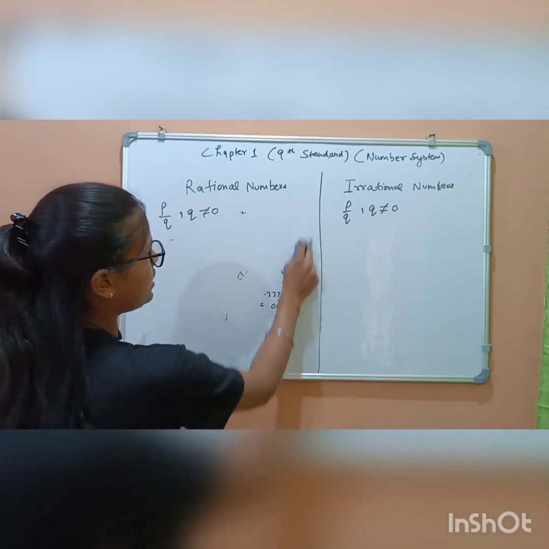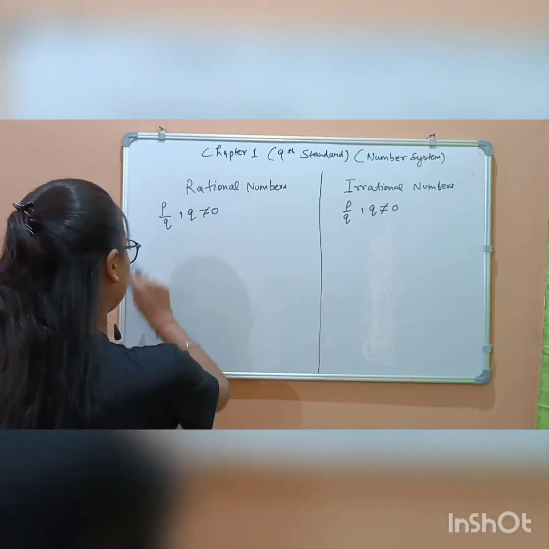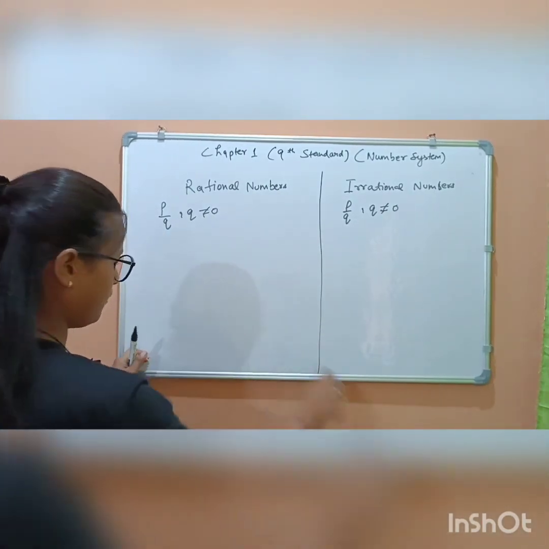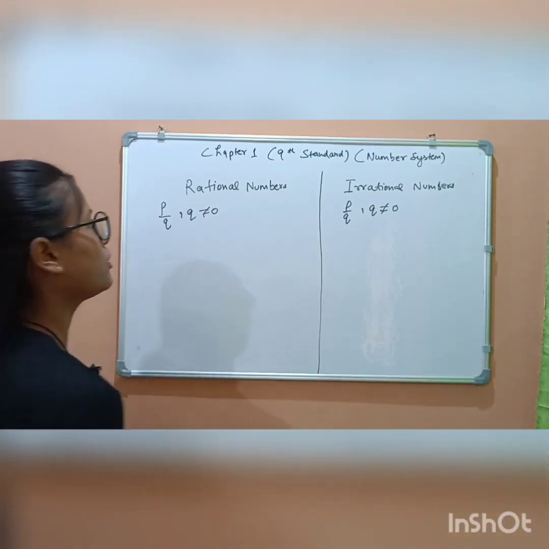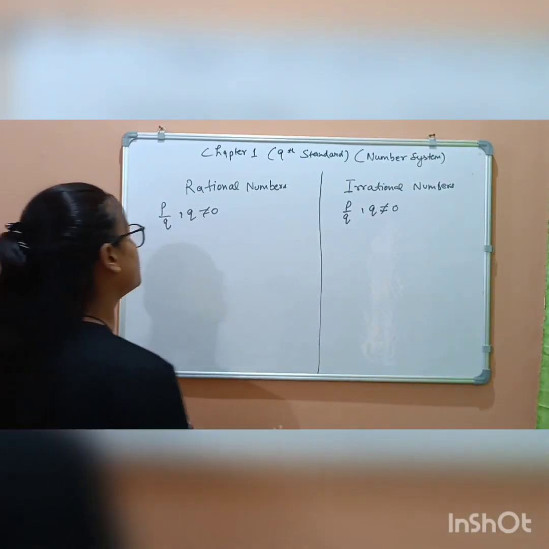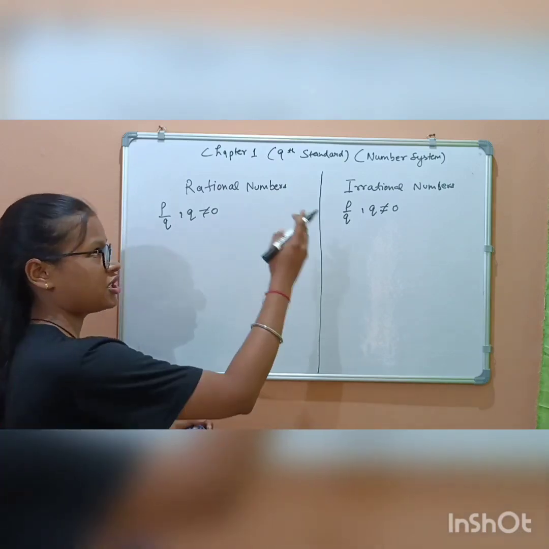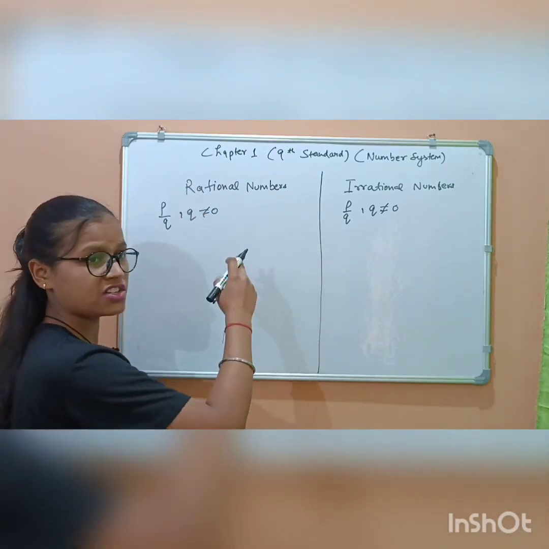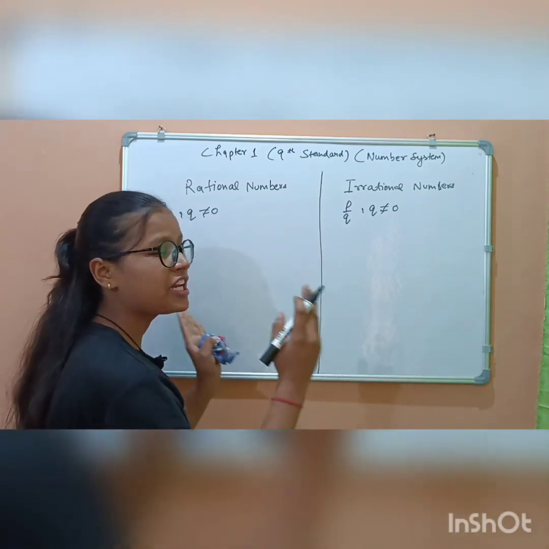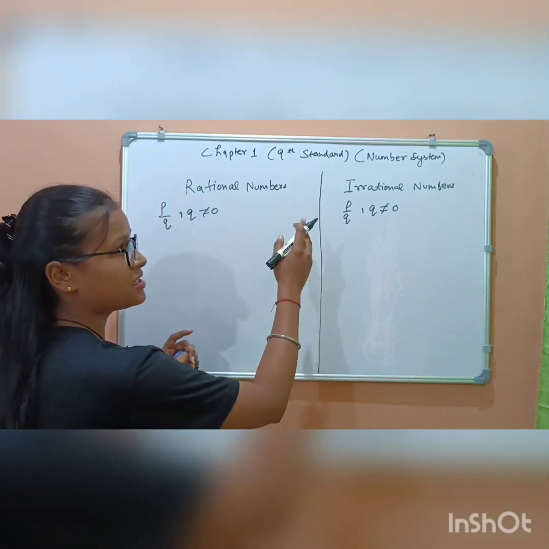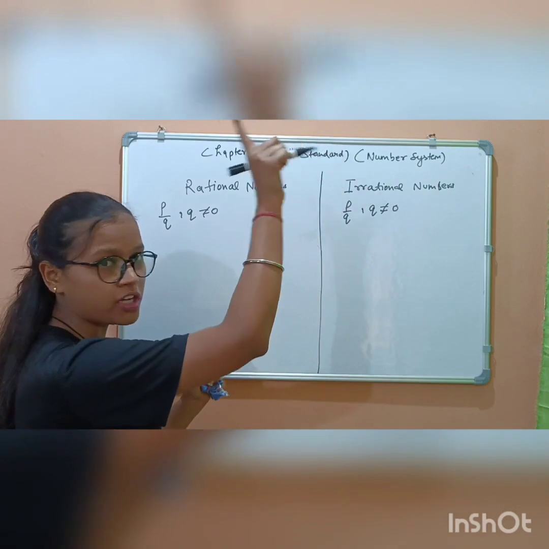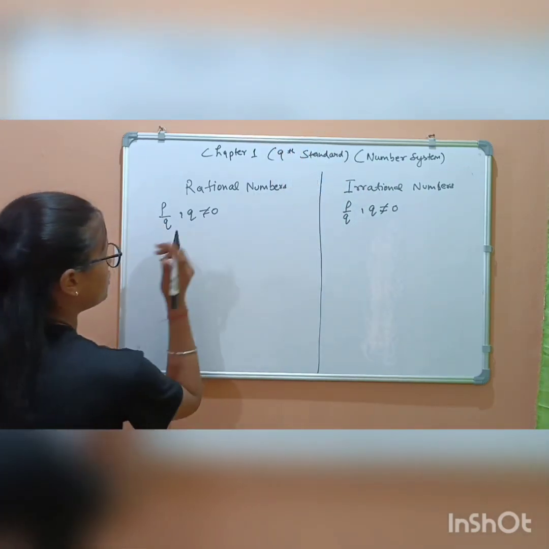So rational numbers and irrational numbers fall under the category of real numbers. Every number is a real number. Whether it is integer, whole number, natural number, rational number, or irrational number, each and every type of number falls in the category of one number, that is real numbers.